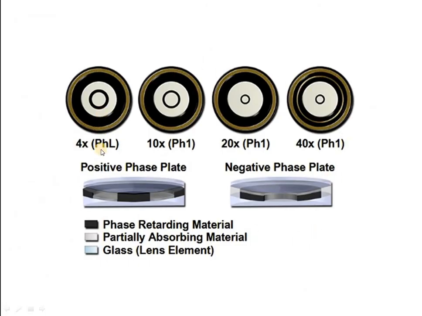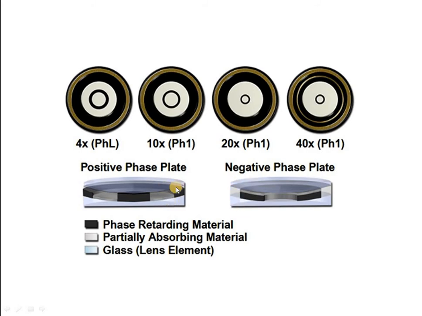So these are different types of phase contrast plate. Phase plates have two types: one is the negative type and the other is the positive type. This is the image of the positive type phase plate and this is the image of the negative type phase plate. You can find here the phase retarding material is present here in the case of the negative phase plate, and these are the glass.